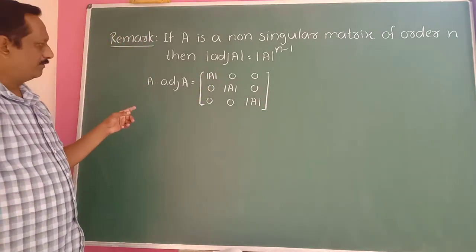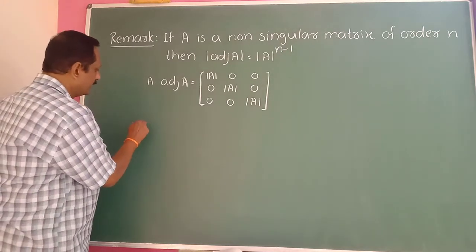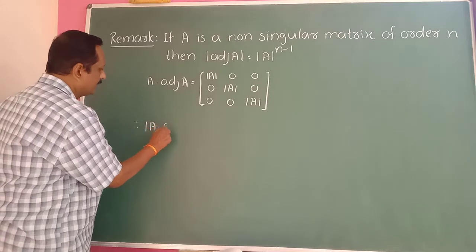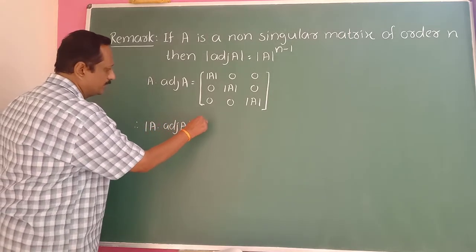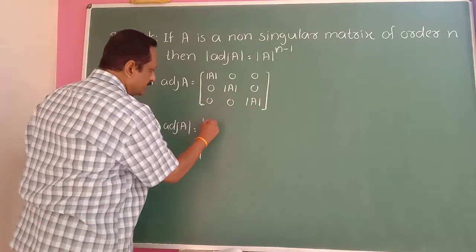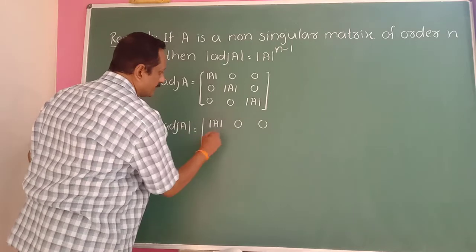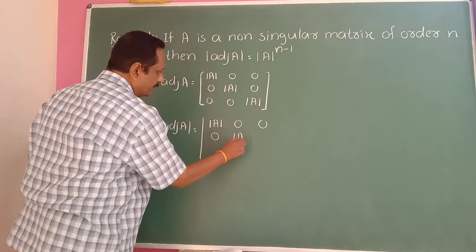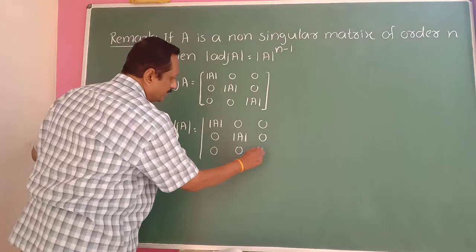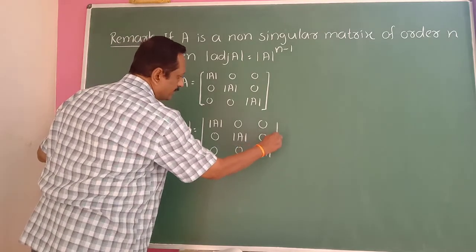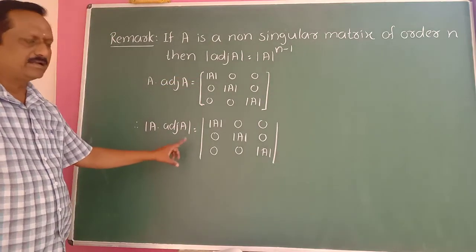Then taking determinant on both sides, determinant of A into adjoint of A is equal to the determinant of the matrix with determinant of A on the diagonal and 0 elsewhere. Here you are taking a determinant on both sides.